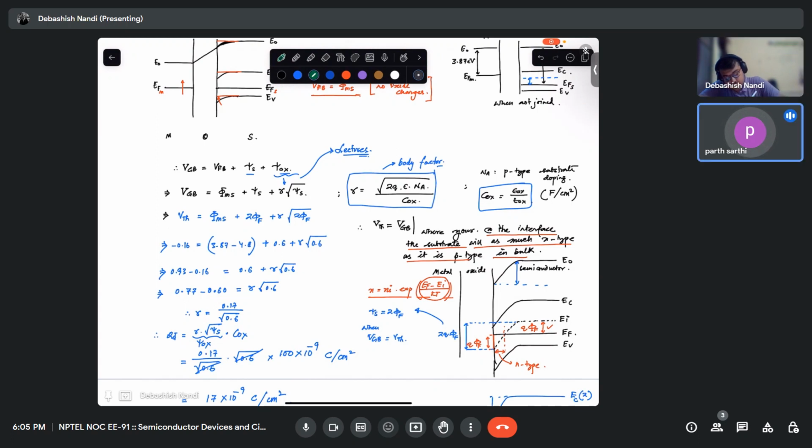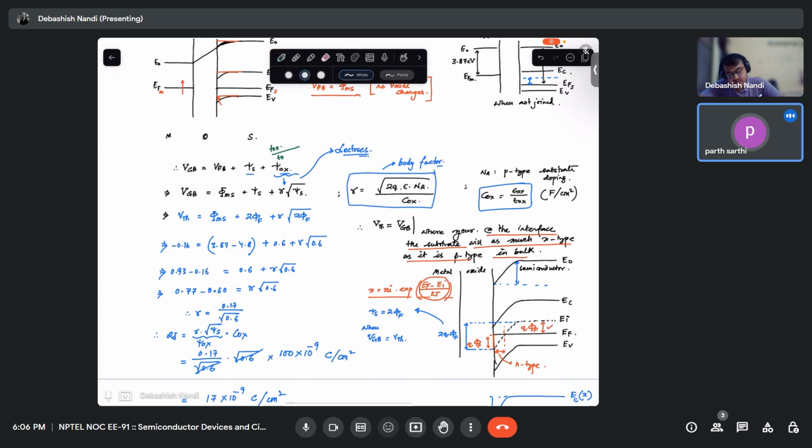Vg is equal to VFB, instead of psi ox, what has he written? TOX times epsilon s by epsilon ox into Es.